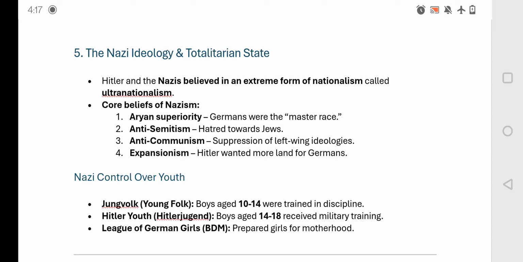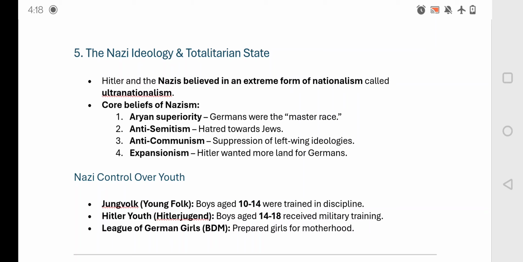They believed that Germans were the master race, that Aryan race, who were blue eyed, blonde haired, fair faced and physically fit. So this was the Aryan community, or you can say species, who were considered the original Germans.